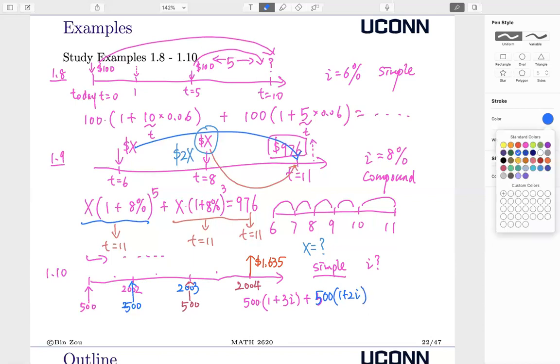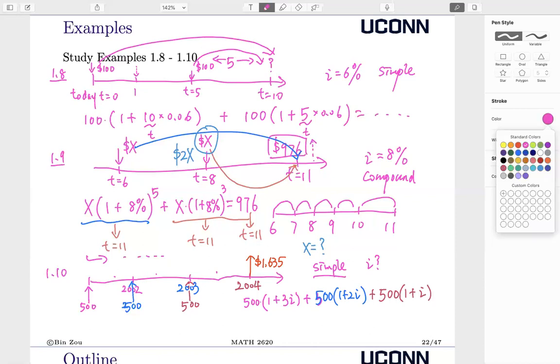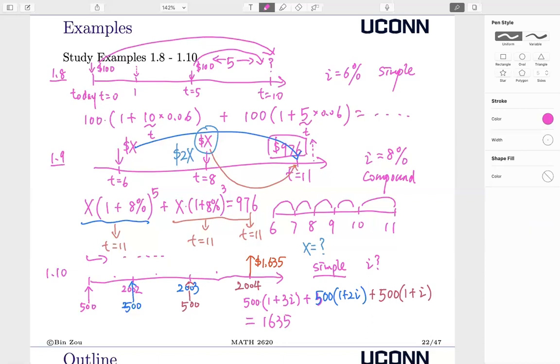My last one, 500, for the last deposit it only lasts for 1 year. Finally, I'm going to equate all of them to 1,635 because now all of them are at the same time, the end of 2004. So I can do the computation.